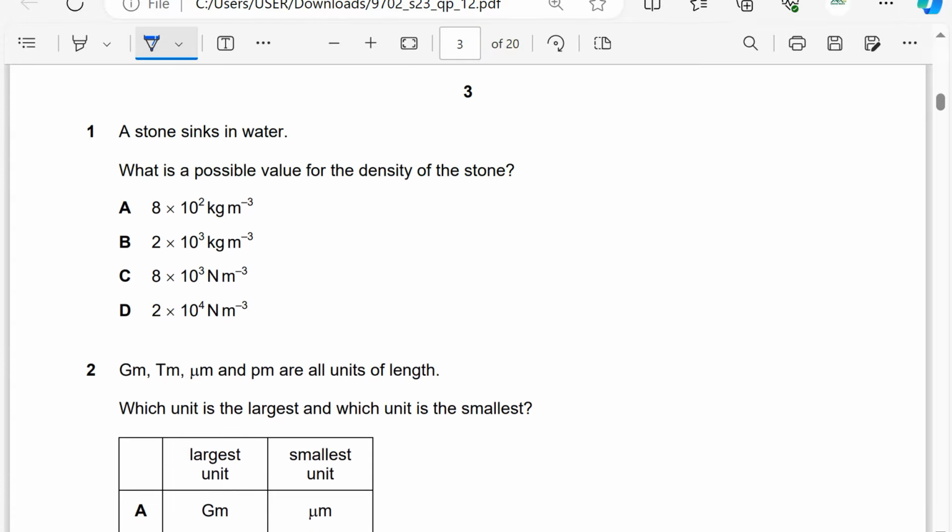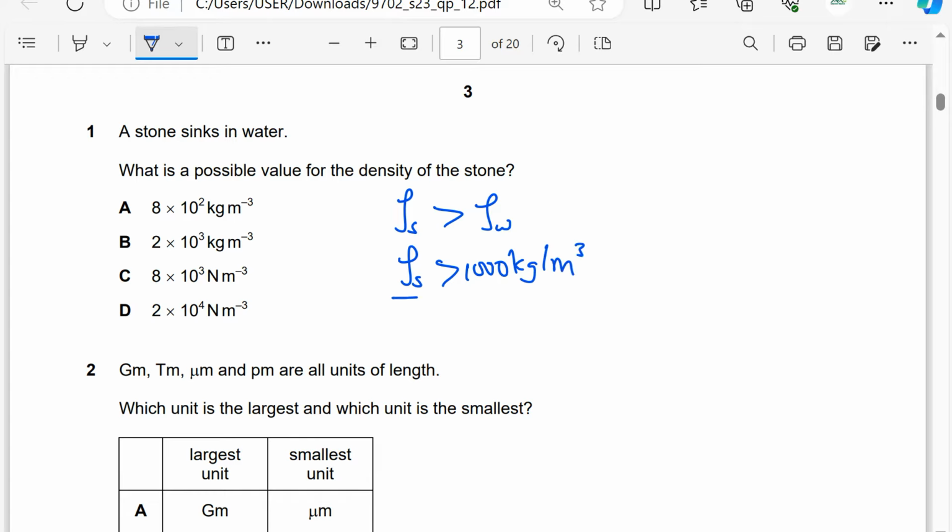Okay, question number 1. A stone sinks in water. What is a possible value for the density of the stone? Of course, since it sinks, then the density of the stone should be greater than the density of water. And we know the density of water is 1000, so the density of the stone should be greater than 1000 kilograms per meters cubed.